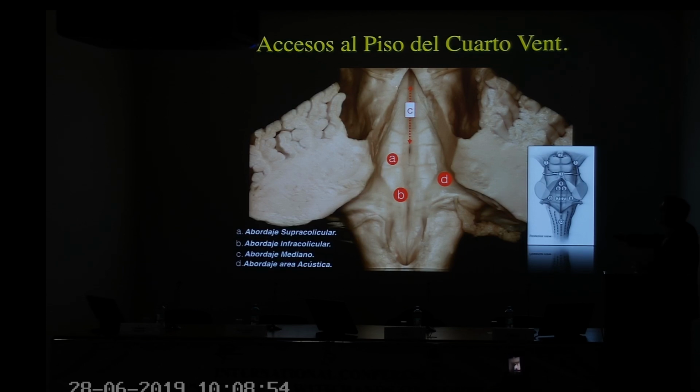What is this structure? If this is the fourth nerve, you can be sure, medially, the superior peduncle of the cerebellum. Why? Because the superior cerebellar peduncle makes the lateral wall of this triangle. It's very simple. If this is the superior triangle, superior cerebellar peduncle, what is this?